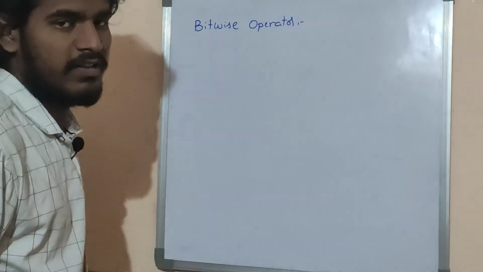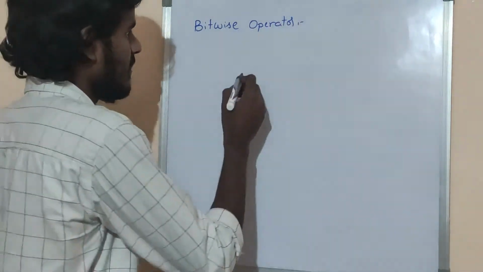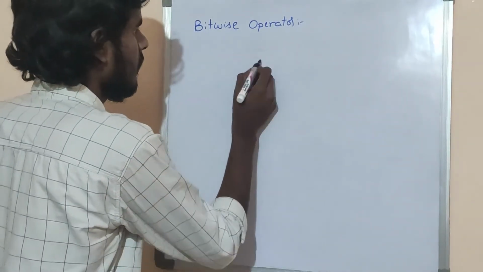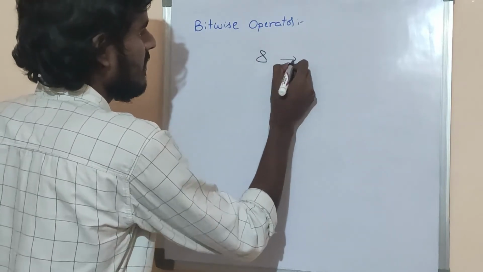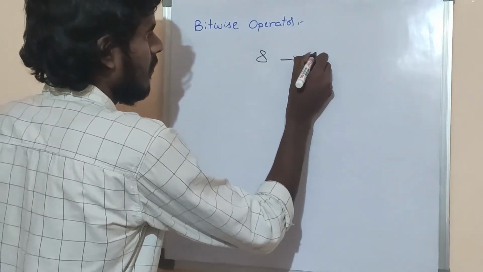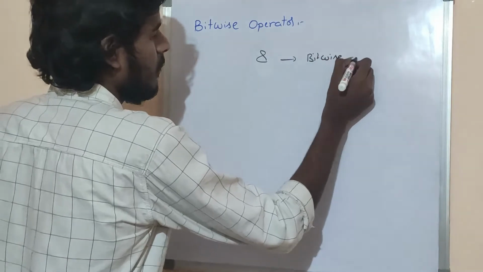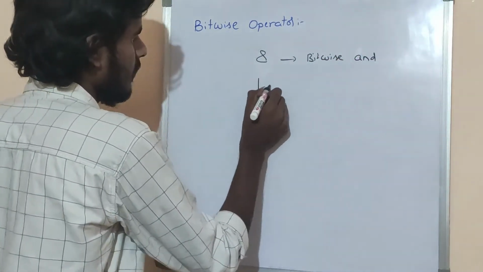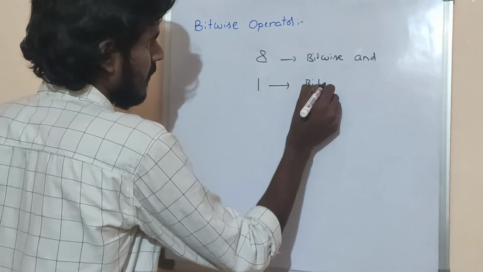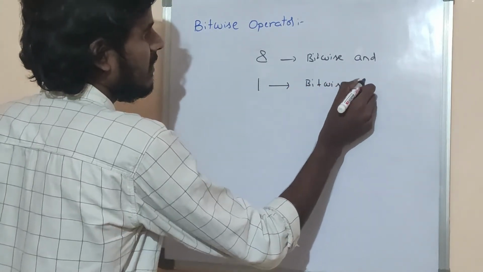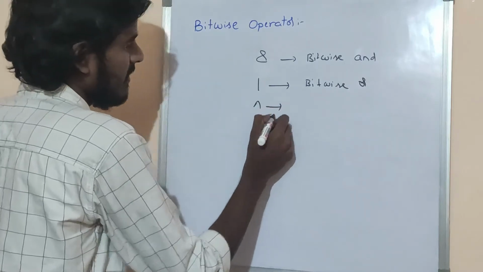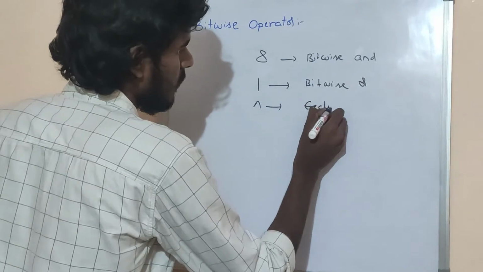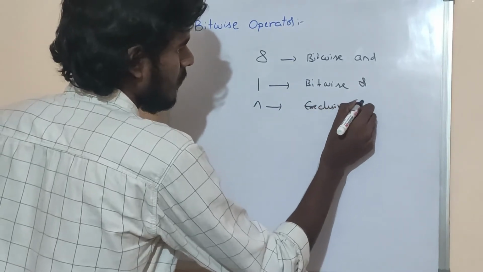Okay, what are the symbols? Listen carefully friends, what are the symbols? This is bitwise AND. This is bitwise OR. This is exclusive OR.